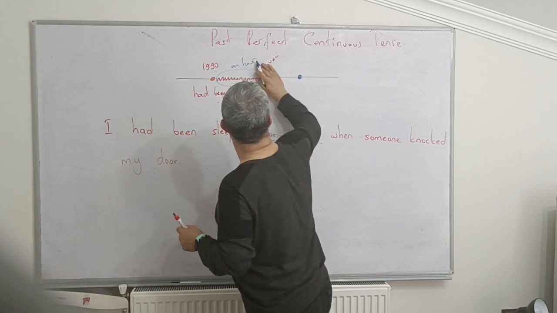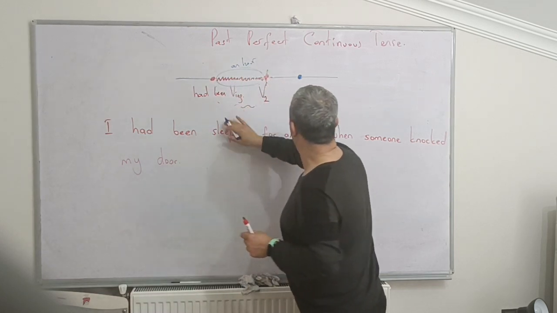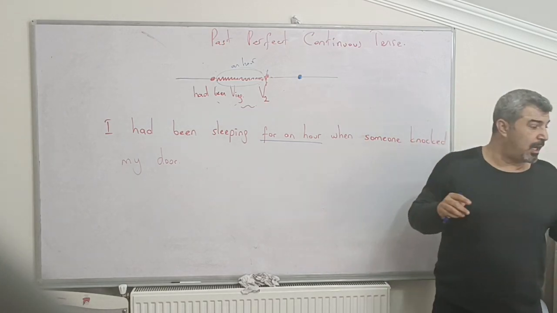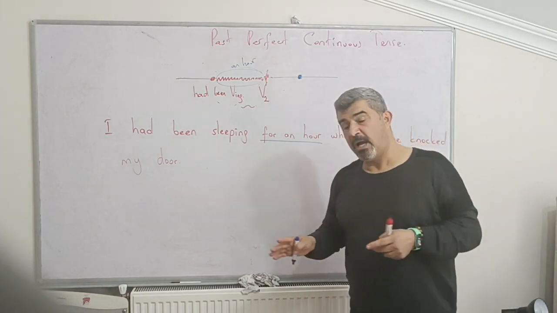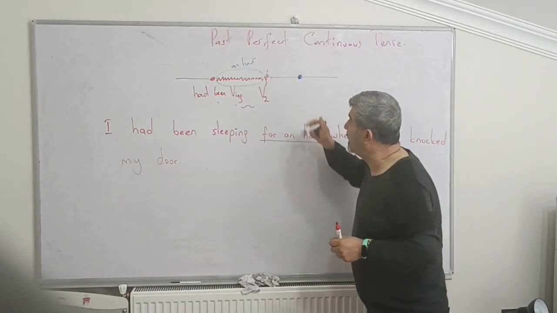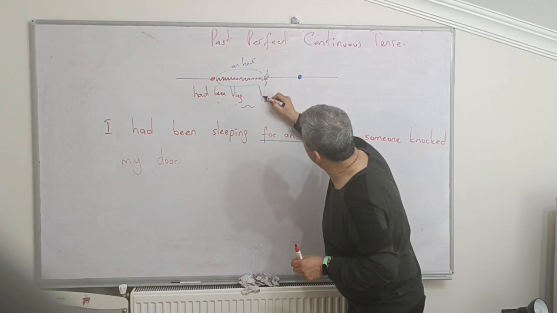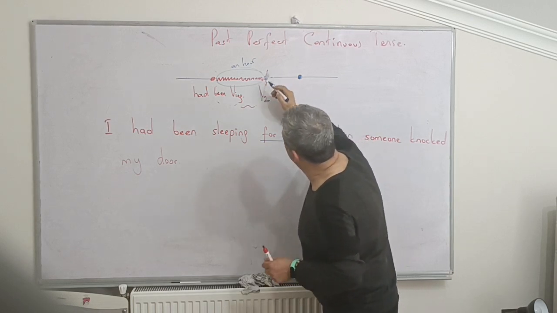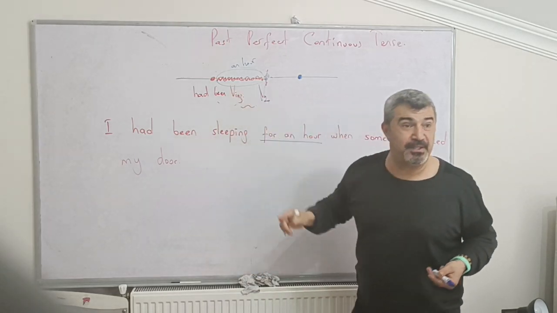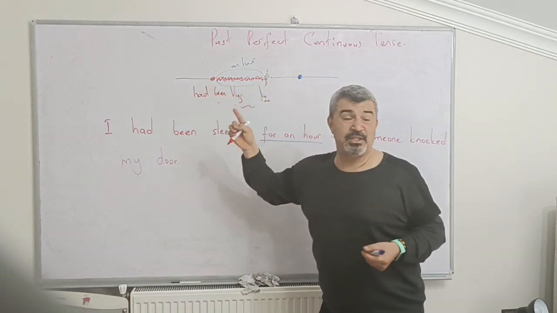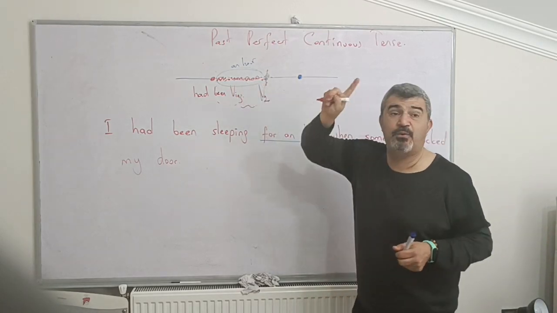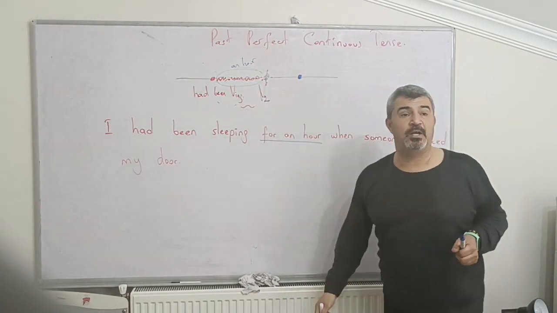I went to my room, I slept, and someone knocked on my door. When someone knocked on my door, I had been sleeping. The period is important. The action that happened before the past action: I had been sleeping for an hour when somebody knocked on my door.